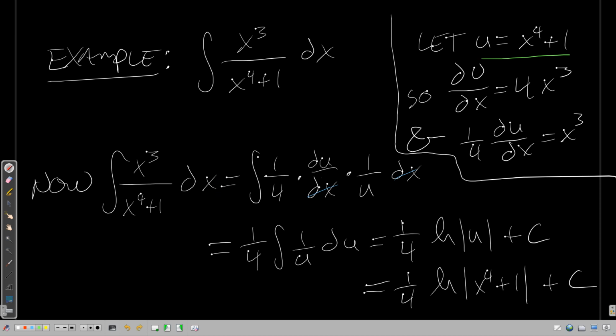Then my original function is this constant times the derivative. This part right here is x cubed. And this part here is 1 over x to the 4th plus 1.